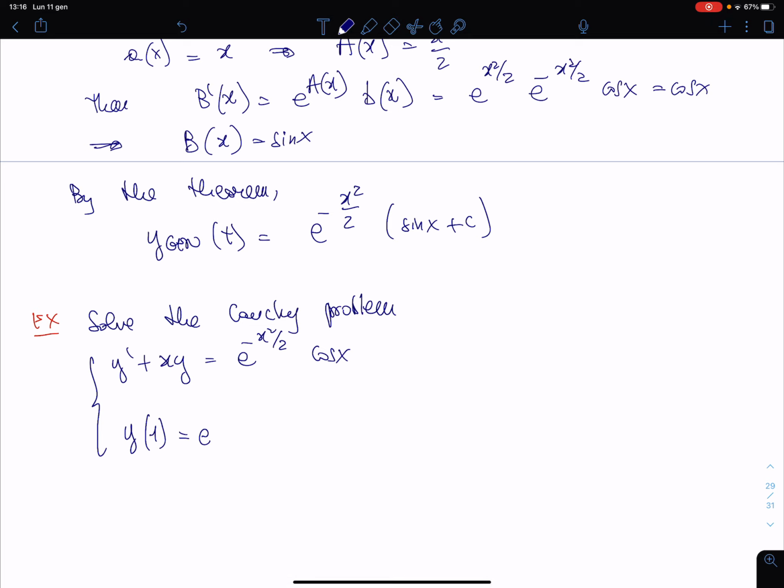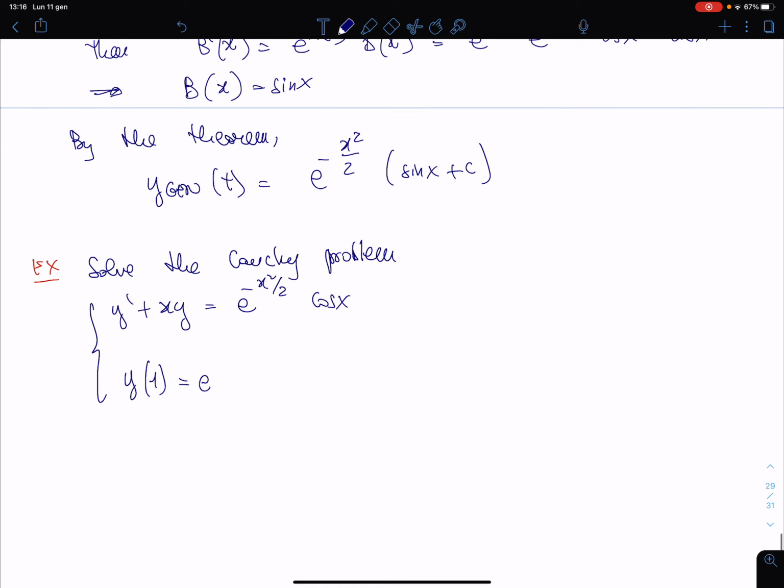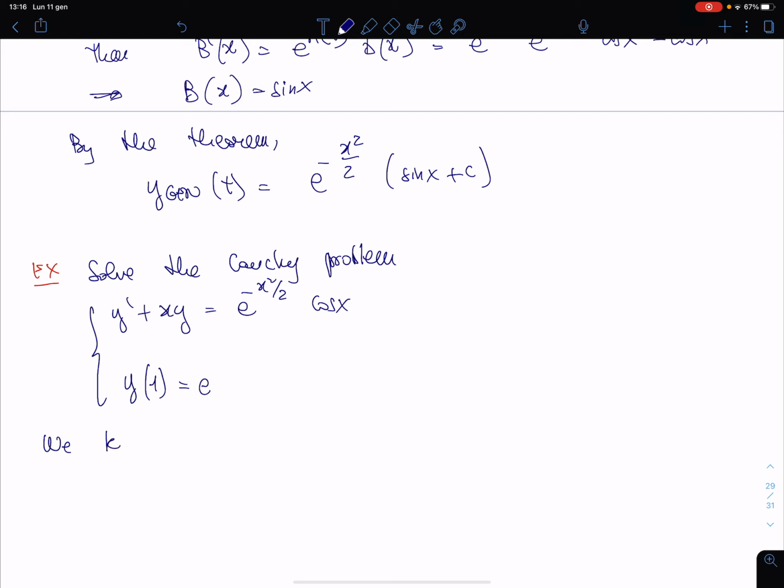Okay? So we already know that the general integral is equal to e to the minus x squared over 2 times sine of x plus c.